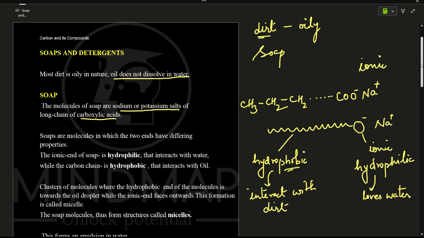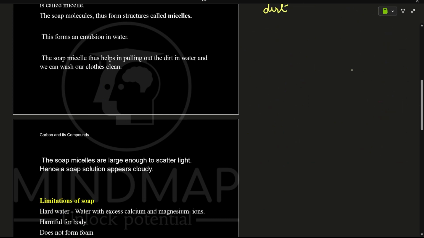Okay. Now whenever there is a dirt particle, for example, here is a dirt particle, what will happen? These soap molecules will arrange themselves in this way. Throughout, they will suspend the dirt particle between them. So how do they arrange?